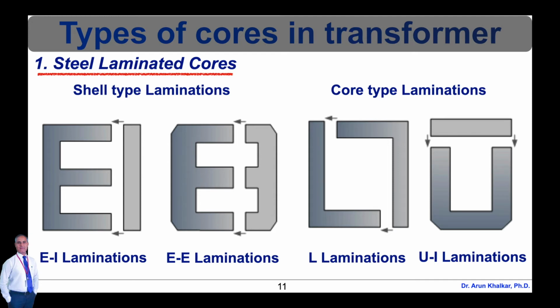These lamination stampings, when connected together, form the required core shape. For example, two capital E stampings plus two end closing capital I stampings give an EI core forming one element of a standard shell type transformer core.